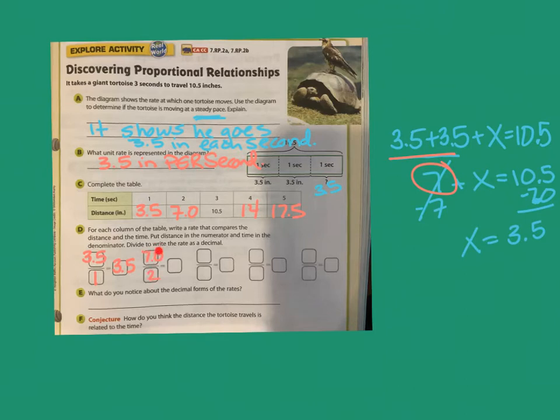And if I divide those, 7.0 divided by 2, I end up with 3.5. Next one, 10.5 distance over time of 3. And if I divide 10.5 divided by 3, any guesses as to what that's going to be? 3.5.